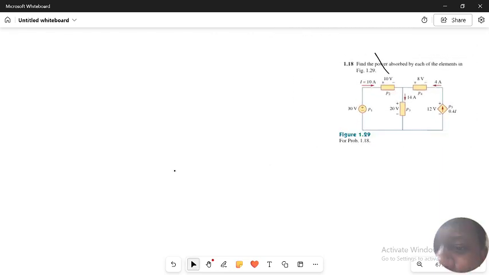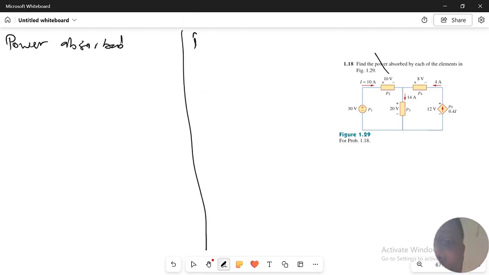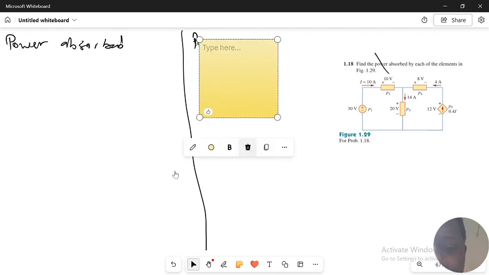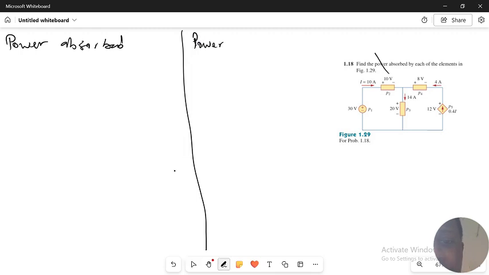In this example, if I want to find the power absorbed of each element, I have to see the power absorbed in this part and the power supplied in this part. Even if you do not ask for the power supplied, it's better to determine it.